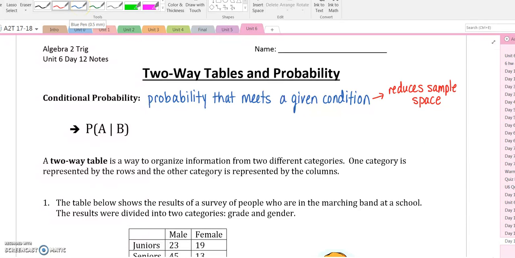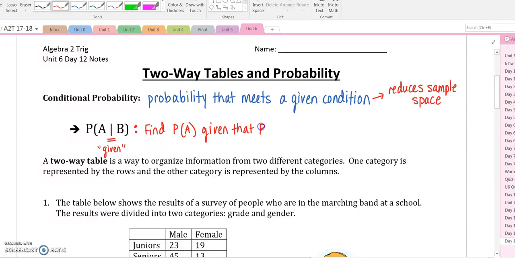And you'll see sometimes we write it in words, and we'll talk about that in a little bit, but sometimes we use this notation, and the notation is this vertical line here, which means given. So what this is describing is, find the probability of A given that B is true, or B already happened.